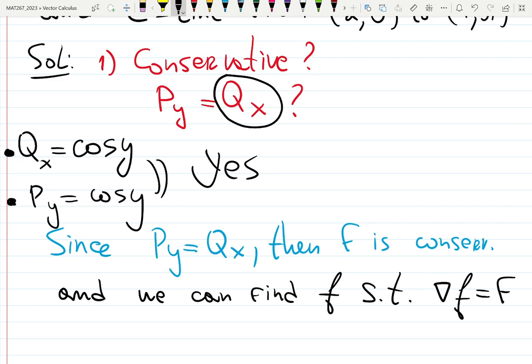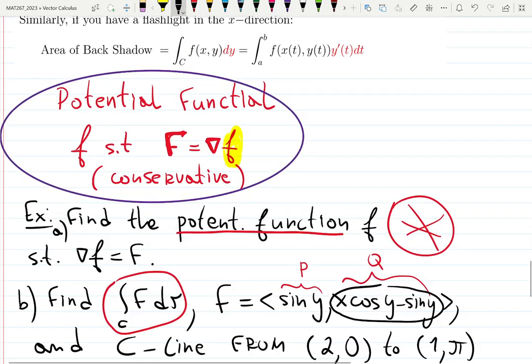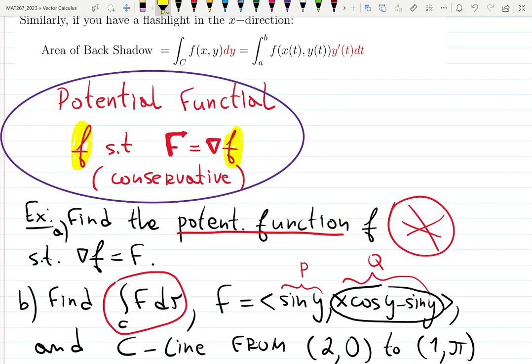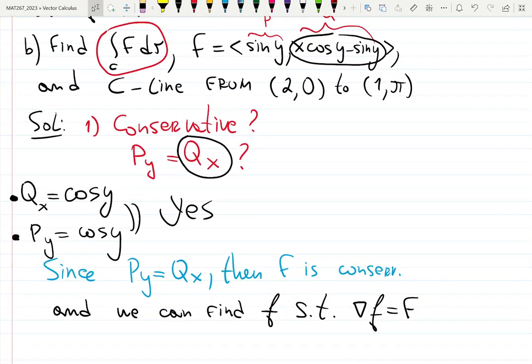Did I mention it? I kind of keep using this term so vaguely. But potential function f, we don't have to have all of them. We just need to have any. That's why it's called potential. Any that fits. I will explain in a second why it's any.